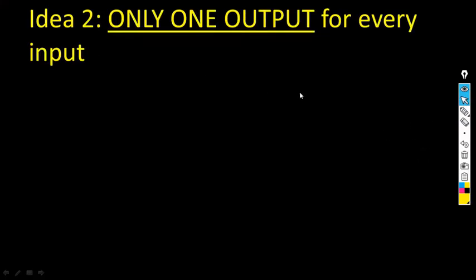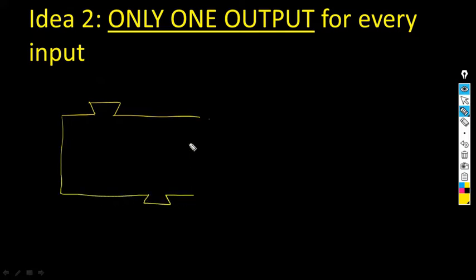Now let's go to the second idea. We need that these machines have only one output for every input. I repeat, only one output for every input. Why do I say this? Because I could create machines such that they give you 2 outputs or more for every possible input.